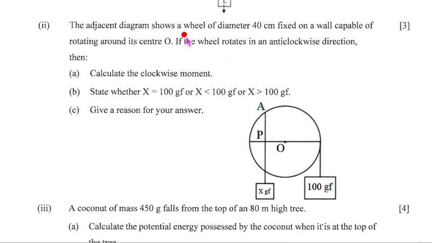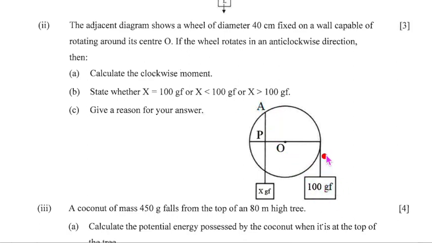Now this one, some of you may feel that this is a little overwhelming. The adjacent diagram shows a wheel of diameter 40 cm fixed on the wall capable of rotating around this center O. The wheel rotates in anti-clockwise direction, which means it's gonna go this way. Calculate the clockwise moment. Now clockwise moment, where are the measures known?